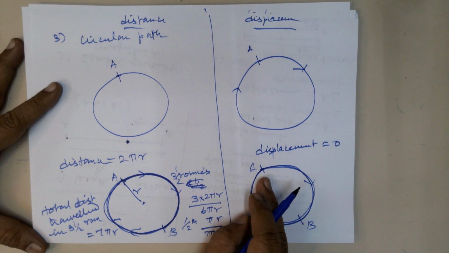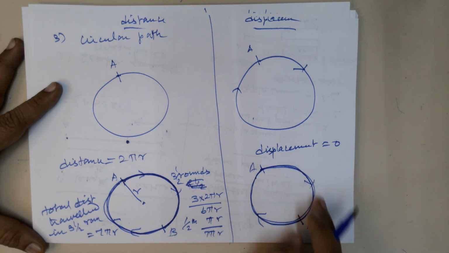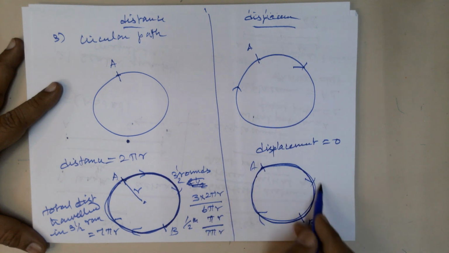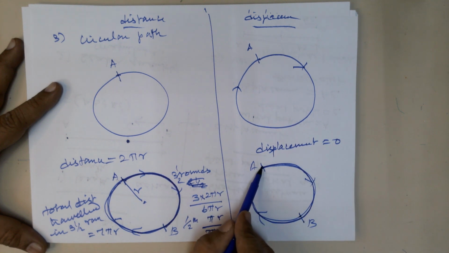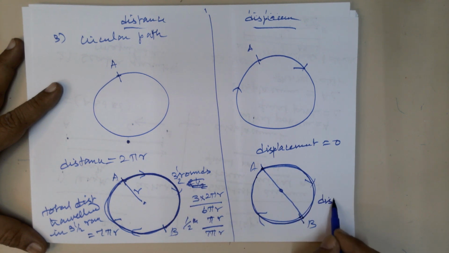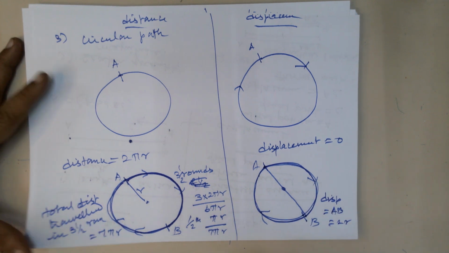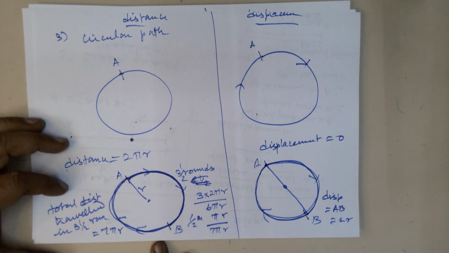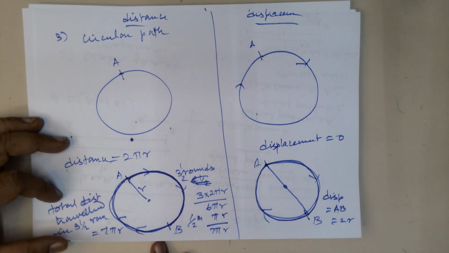Second round also 0 displacement. Third round, that is also 0 displacement. And in the fourth round, it makes a round like this. What is the shortest distance? AB, which is nothing but the diameter. Are you able to follow? So you can declare that the displacement in this case is AB, which is nothing but the diameter of the circle. Do you understand the difference between distance and displacement?